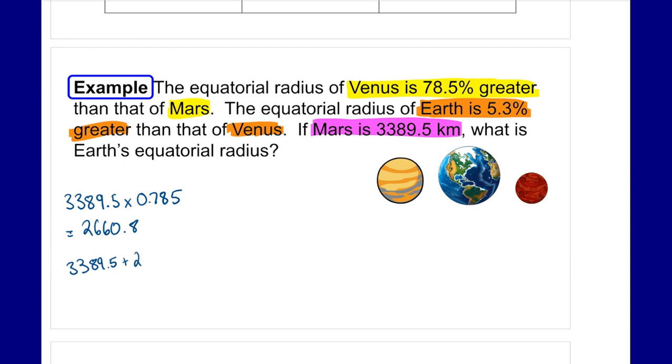So 3,389.5 plus 2,660.8 gives us a value of 6,050.3. So this right here is Venus.